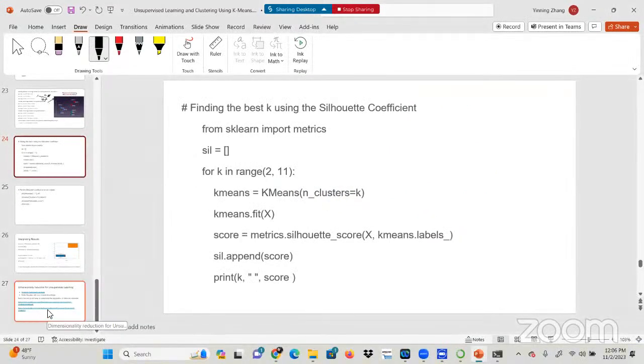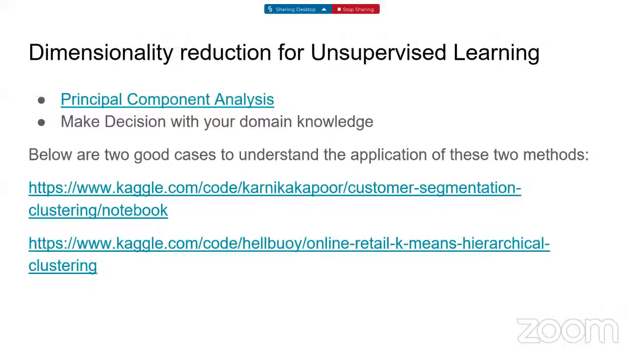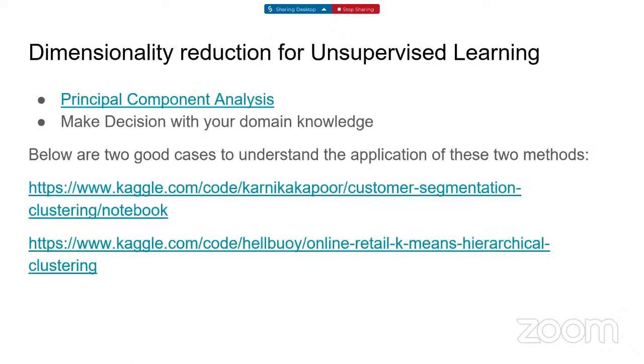And another one is feature selection. We did a lot of feature selection for classification and linear regression. However, here we don't have the target variable. We cannot use the previous methods, right? The previous method was to get a correlation and find which feature is highly correlated with the target variable y.